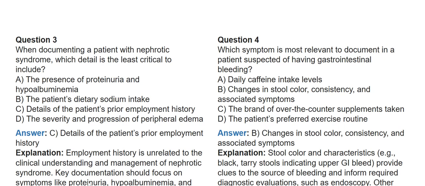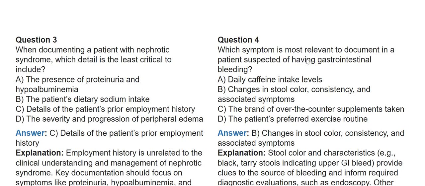Key documentation should focus on symptoms like proteinuria, hypoalbuminemia, and edema, which are critical for diagnosis and guiding therapy. The choice of proteinuria and hypoalbuminemia is fine, but the least critical is C.